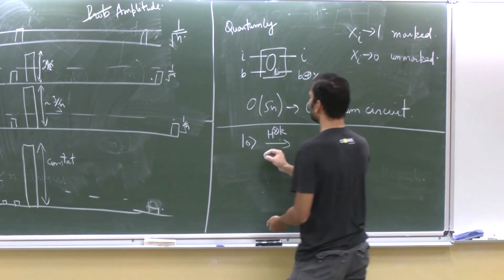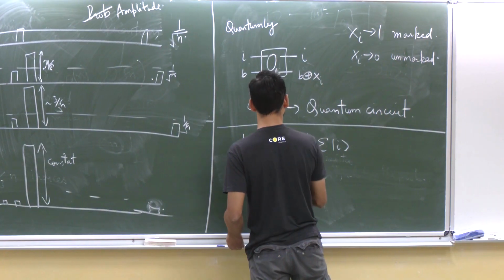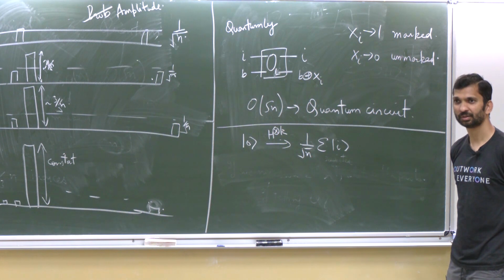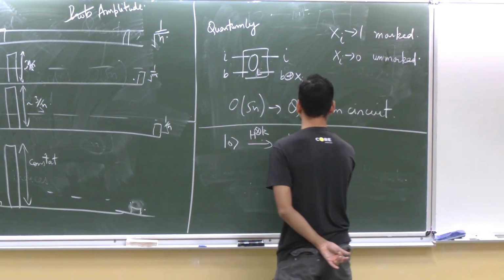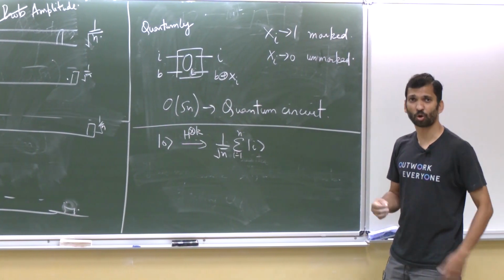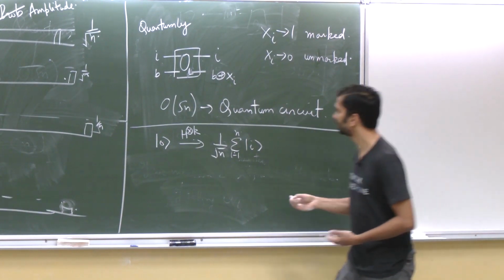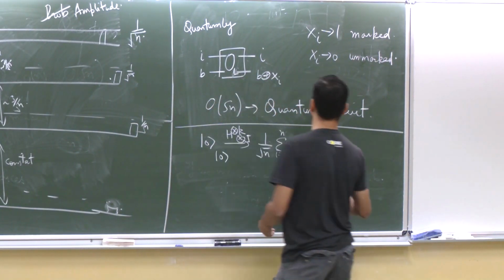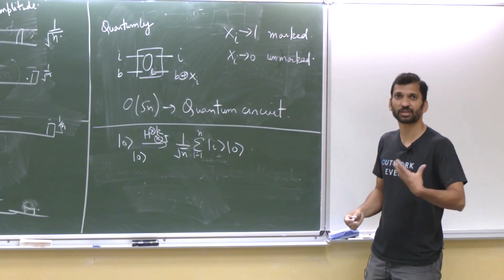Okay. So then, correct? Agreed? This will be my state. Right? But obviously, I want to use the oracle. Correct? So then, I will start with where I will get the function value, or whether it is marked or not.